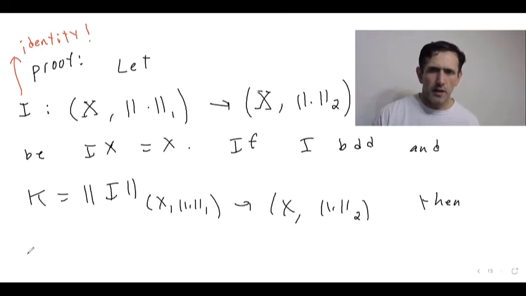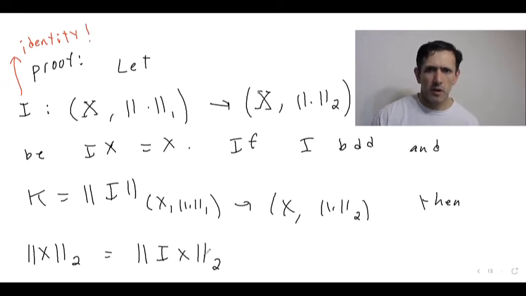Okay, then what do we have? We have the 2 norm of x is going to be, well, trivially the 2 norm of Ix, and we're saying this is bounded.